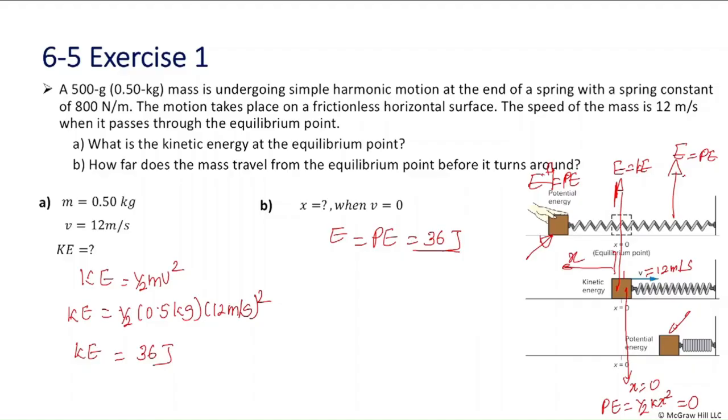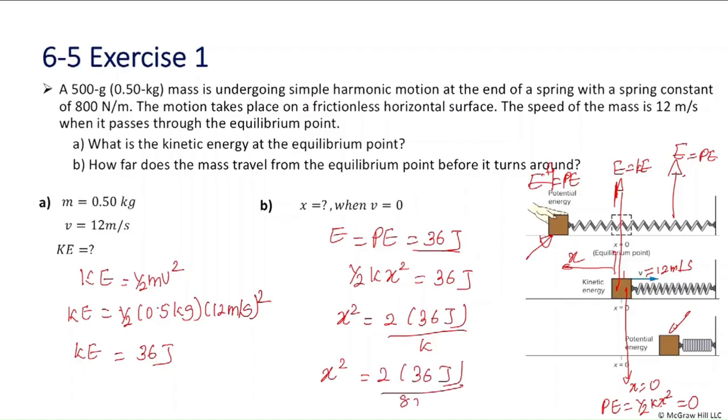Now we know the equation for potential energy. Remember, this is not the gravitational potential energy. This is the elastic potential energy. Therefore, the equation is half kx squared and it is equal to 36 joules, right? Therefore, x squared is 2 times 36 joules over k. So, we have given k, right, is 800 newtons per meter.